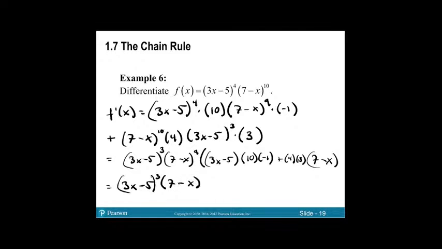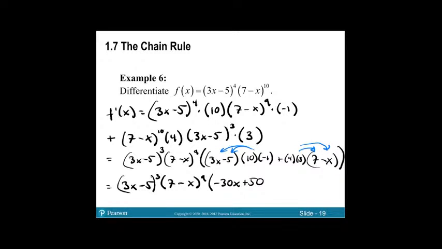Then if we distribute that negative 10, that's going to give us negative 30x plus 50, okay? In the second one, we're going to distribute a 12 here. And I think I need another set of parentheses here, okay?